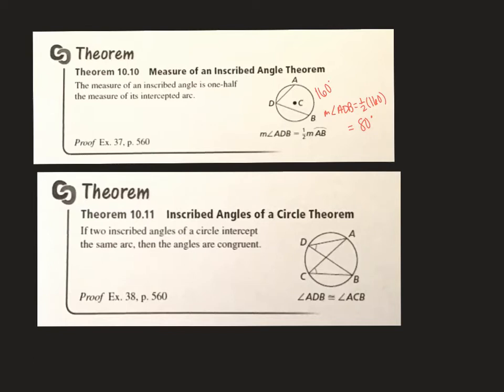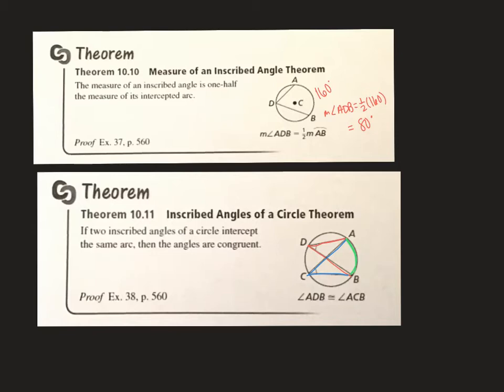And then theorem 11, inscribed angles of a circle theorem. If two inscribed angles of a circle intercept the same arc, then the angles are congruent. So this angle ADB and this angle ACB intercept the same arc AB.